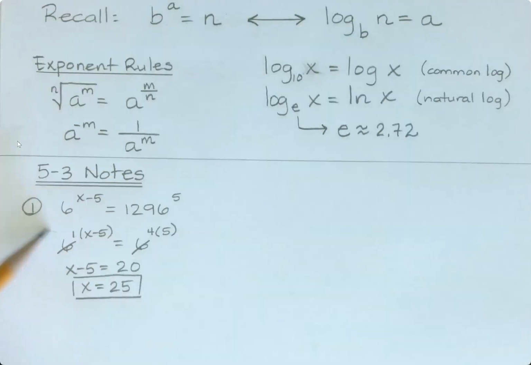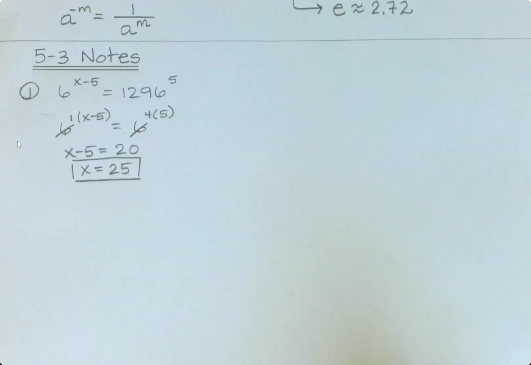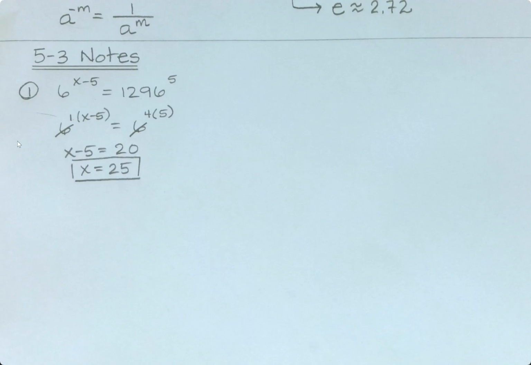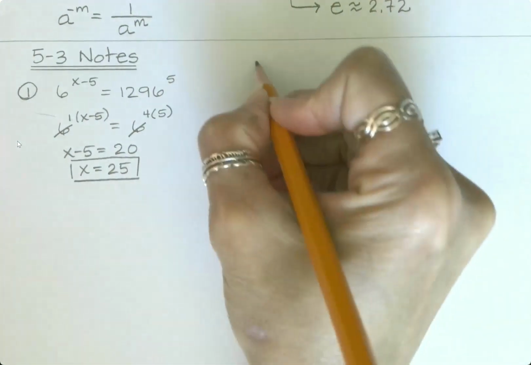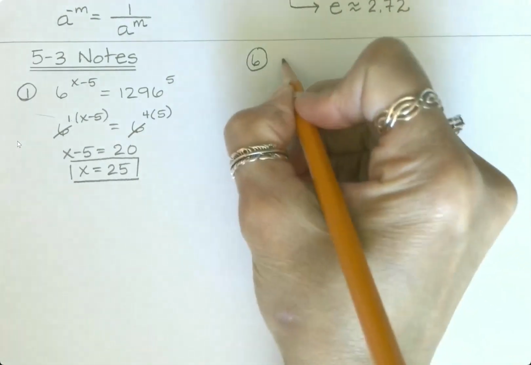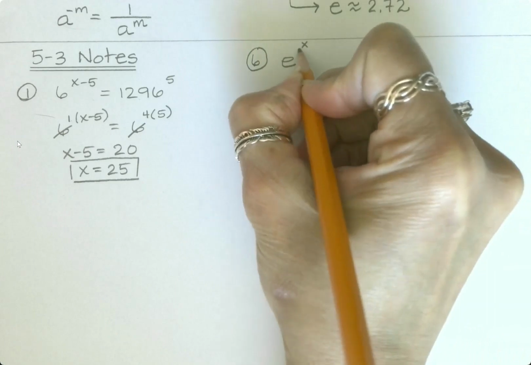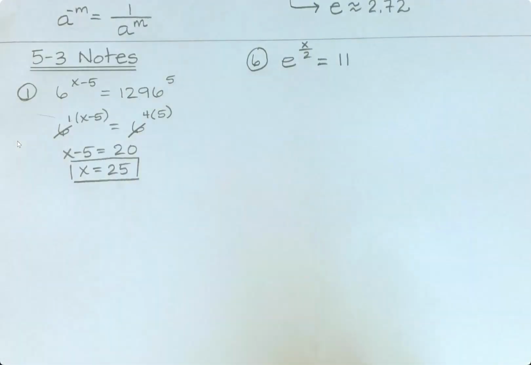So let's come over here, and you can work on the back side of your paper if you do not have enough space. Let's go to number 6. Actually, we'll just go over here for number 6. So number 6, e to the x over 2 power equals 11, okay?